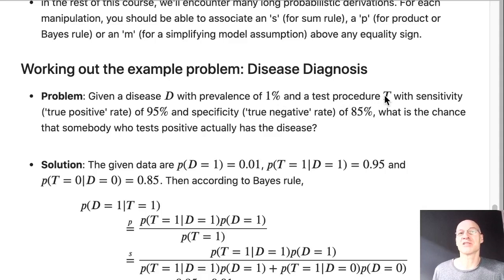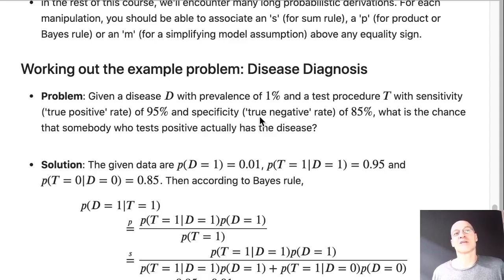And there's a test procedure with a sensitivity of 95%. That means that given that somebody has the disease, in 95% of the cases the test procedure will confirm that. It'll say, yes, this person has the disease.